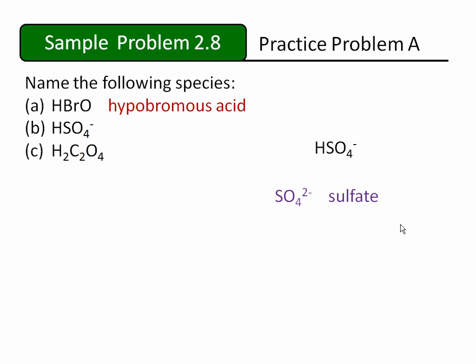If we were to add H+ to sulfate, we would end up with the formula HSO4 and a charge of -1. -2 plus +1 is equal to -1. Since all we have done is add a hydrogen ion, we call this new anion hydrogen sulfate or bisulfate. Either name is appropriate.